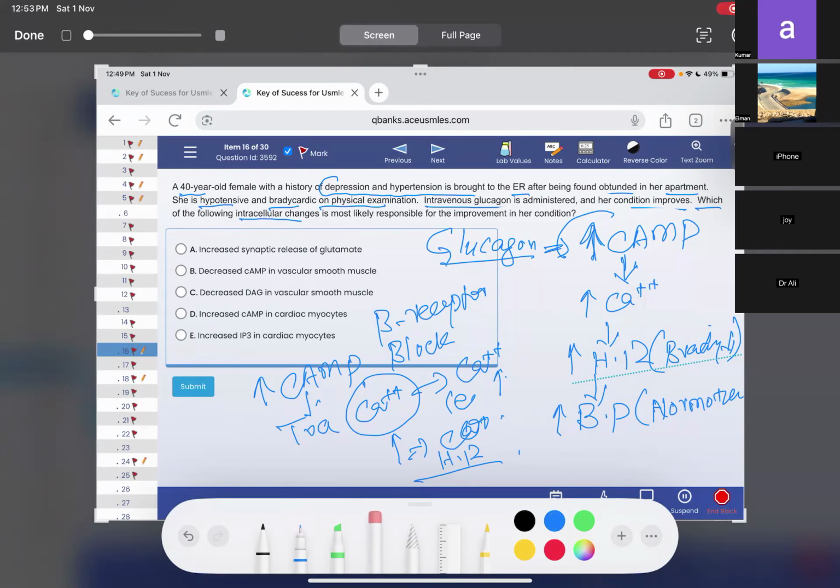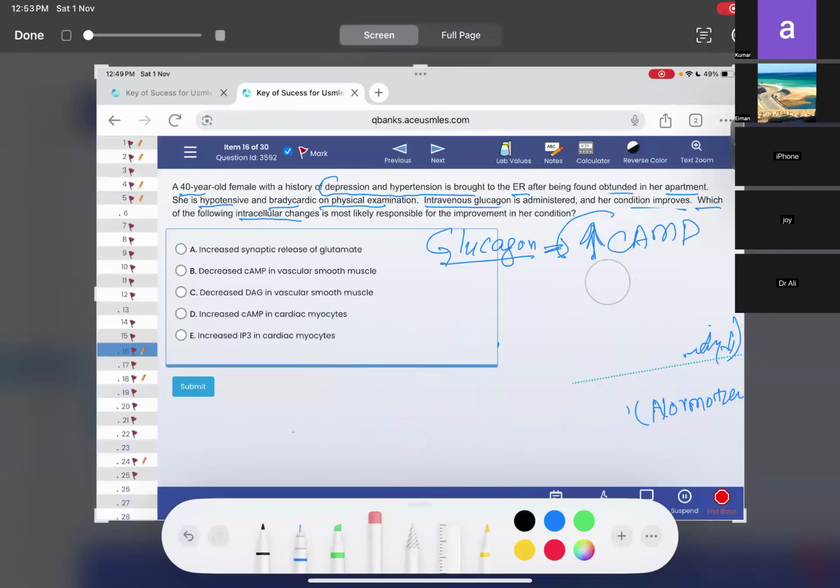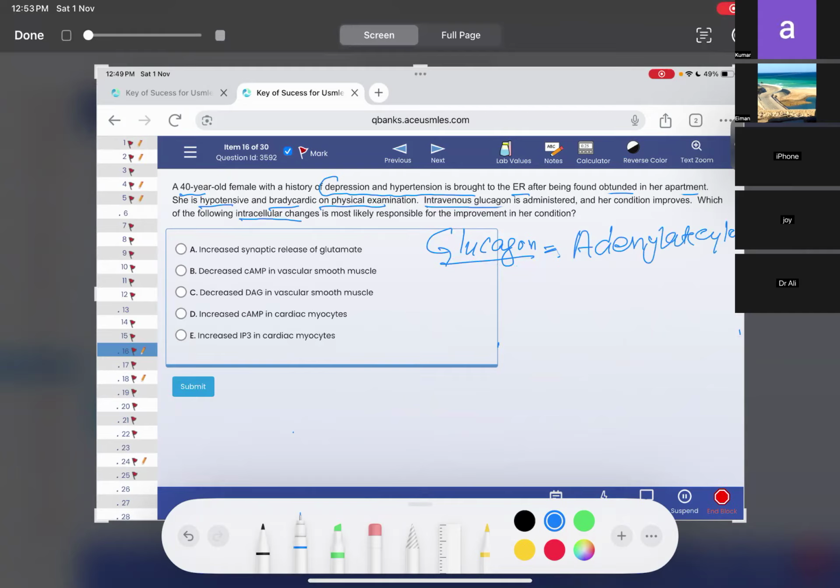Yes. Let me clear it for you. Glucagon will stimulate the adenylate cyclase enzyme that will increase cyclic AMP level. This cyclic AMP will trap calcium inside myocytes.